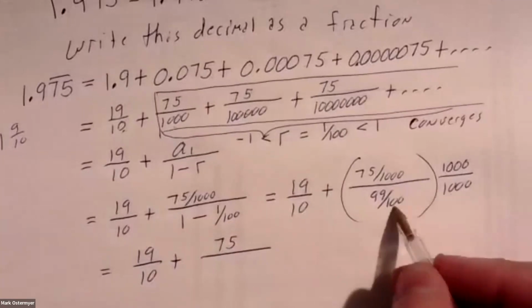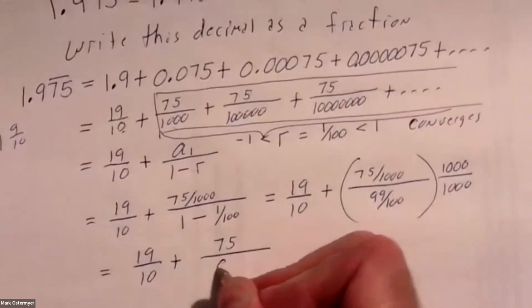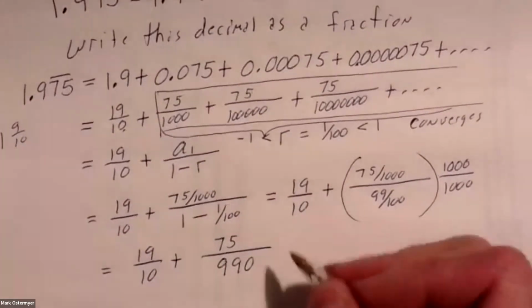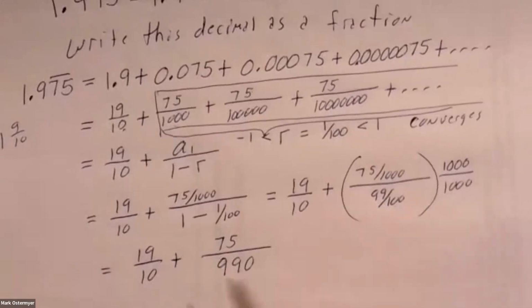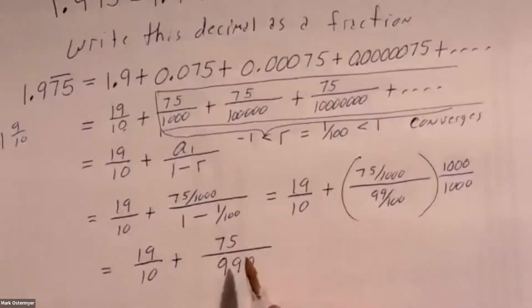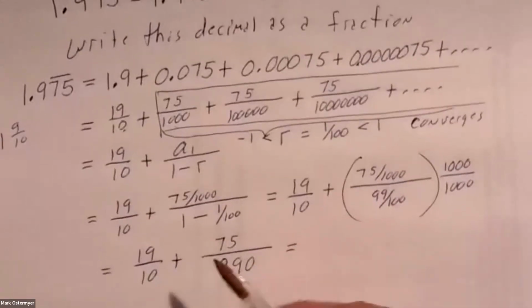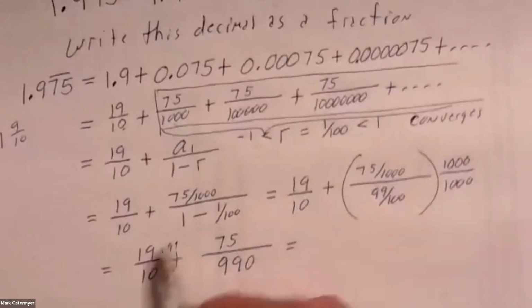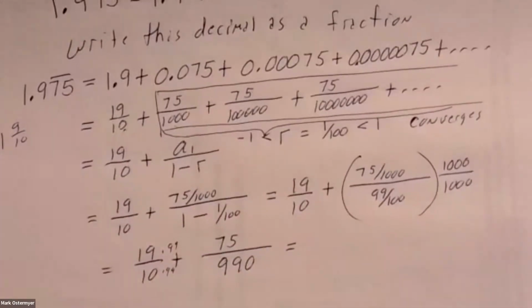When you multiply this together, this will be over 990. Is that correct? I believe. All right. And now you need a common denominator of both these, and the common denominator is going to be 990. So that means you multiply this top and bottom by 99. And what's 19 times 99?